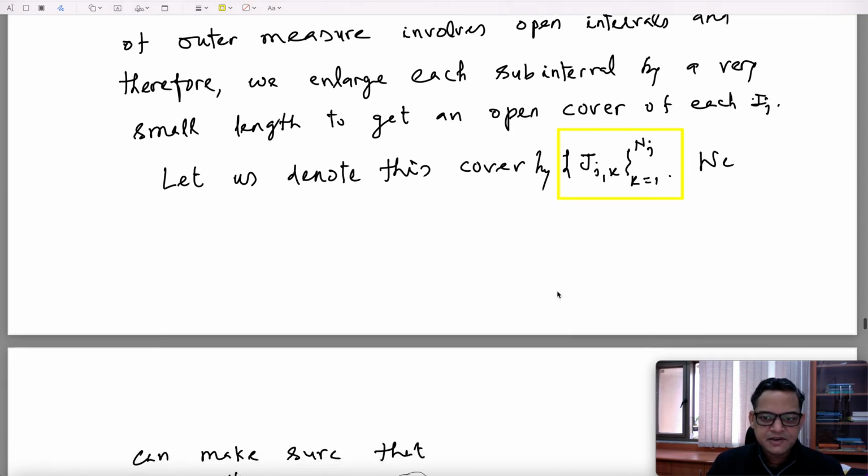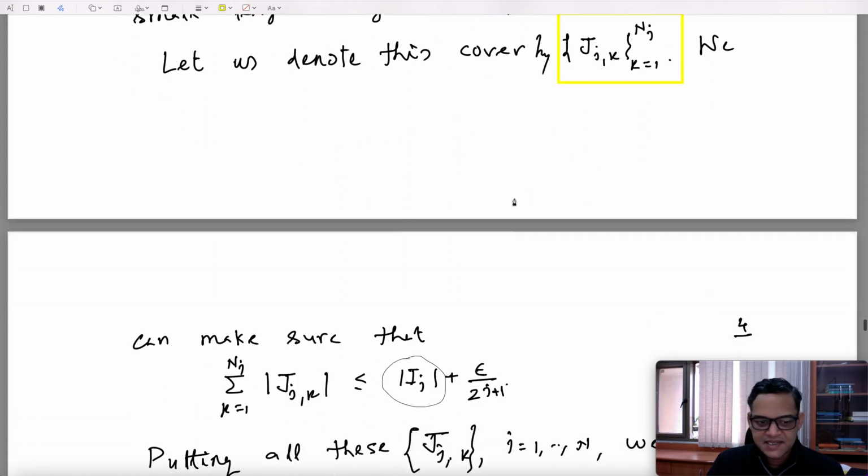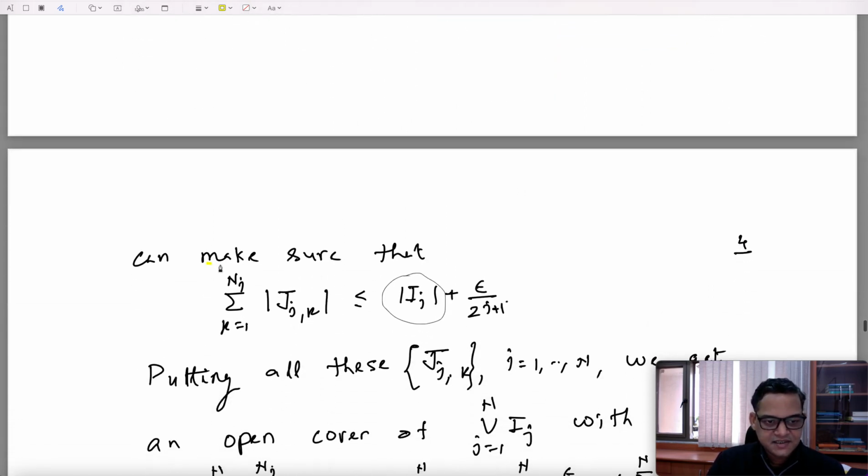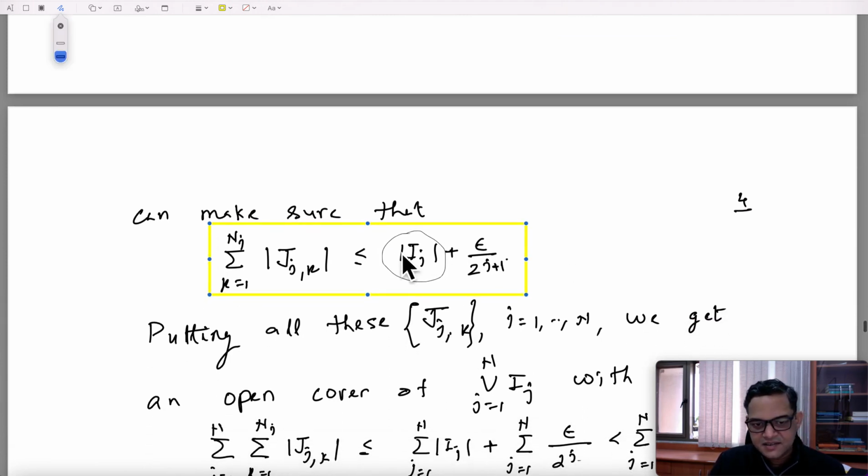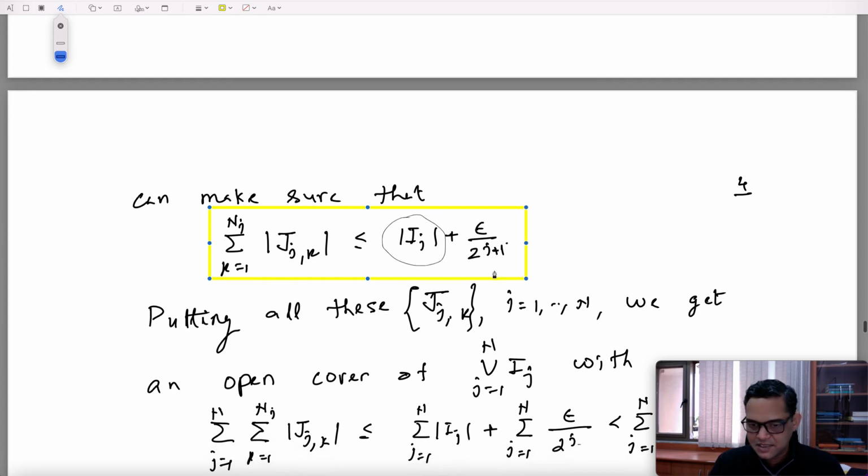And because we will have to compare the sizes, we will also make sure that the total size of all these subintervals put together is not too large compared to Ij. So it is at most an epsilon upon 2 to the power j plus 1 extra part here. Finally we will have to sum over j also, so we need to make sure that when we are summing, the extra part is not too large.